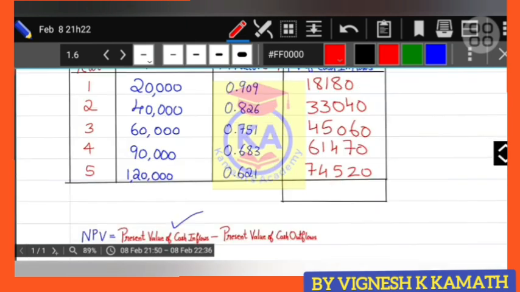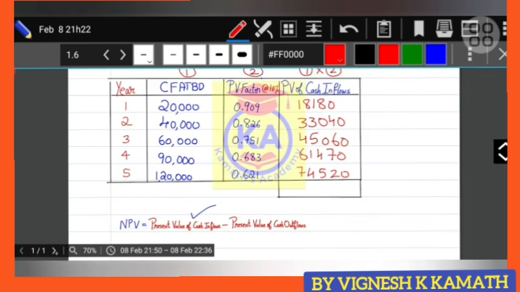Now, for all the 5 years, we have calculated the present value of cash inflows. So you have to add all the amounts of present value of cash inflow, then you will get the total.